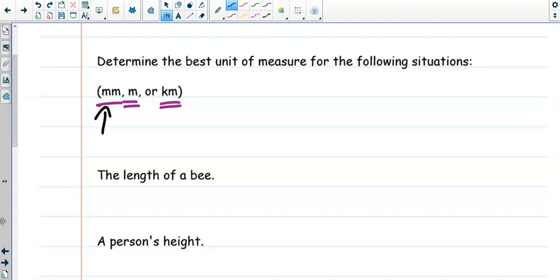I'll give you a moment to think about a person's height and the altitude of a plane. What would you measure it in? Millimeters, meters, or kilometers? Think about it. Give me an answer. So, a person's height. Obviously, we don't measure people in miles, so that throws out the kilometers.